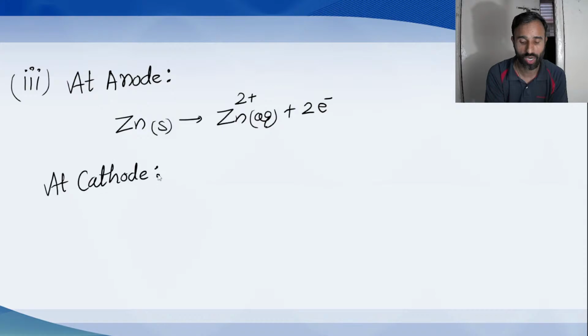At cathode, copper 2 plus aqueous plus 2 electrons. Sorry, it is not copper, it is silver. So we will have the reaction like Ag plus aqueous plus electron to give Ag solid. Yes, beta. Up to this, understood?